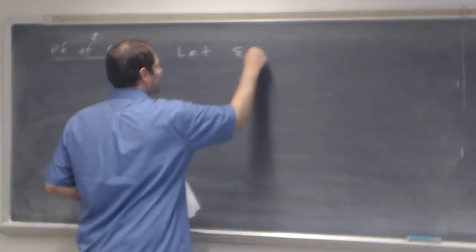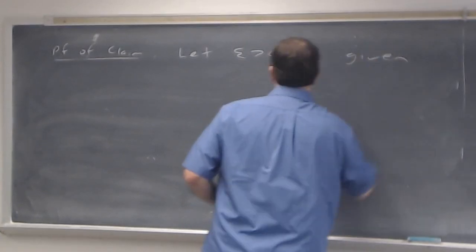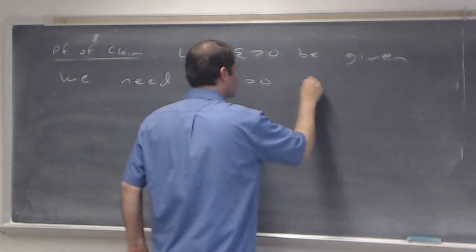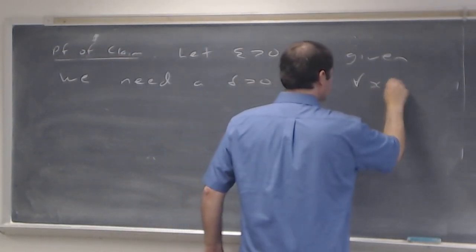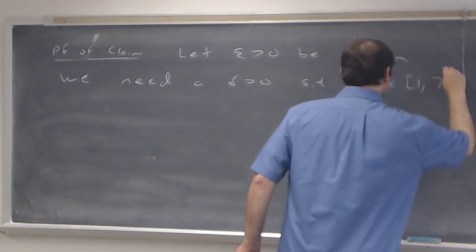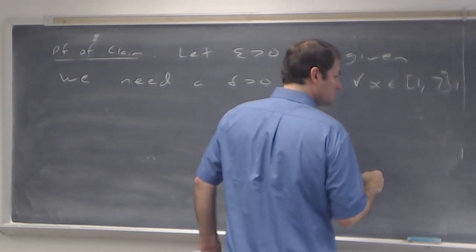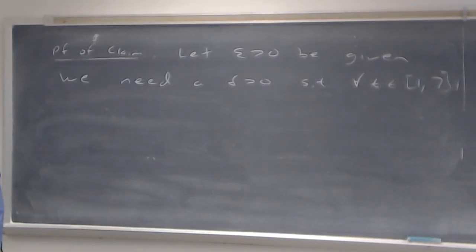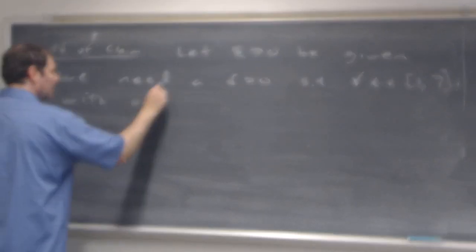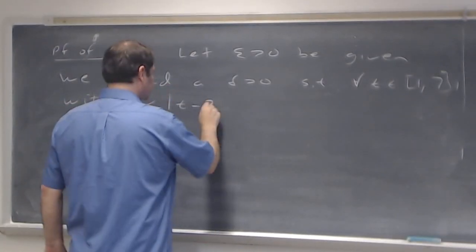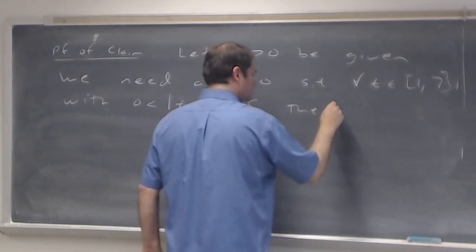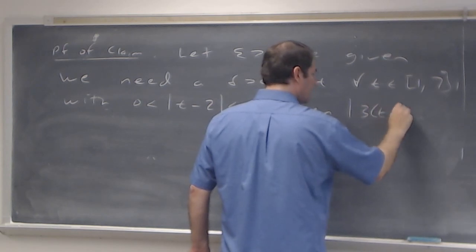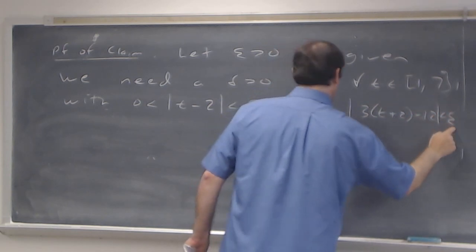We let epsilon be greater than 0 be given. What we're looking for, this is for a limit, we need a delta bigger than 0 such that for all t, element of 1 to 7, with 0 less than the absolute value of t minus 2 less than delta, then the absolute value of 3 times t plus 2 minus 12 will be less than epsilon.